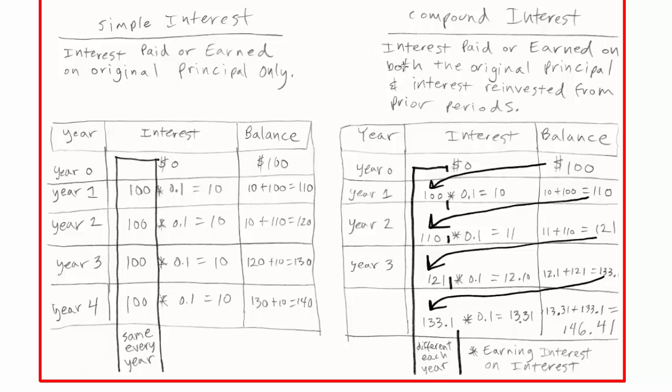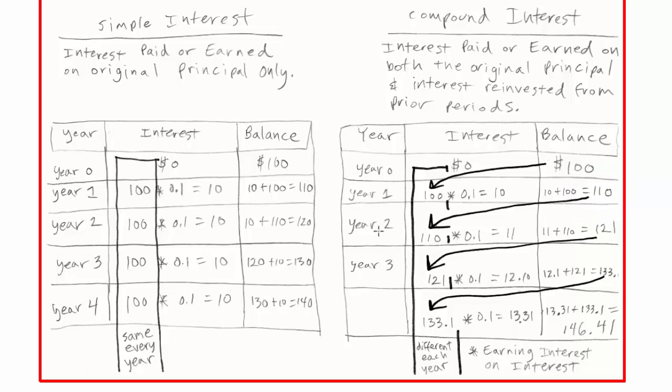But now let's look at compound interest. Well, in year 0, that's when we take out the loan, the balance is 100 bucks. So guess what? When we go to calculate the interest for year 1, we take the prior balance of 100 bucks. Hey, 100 times annual rate of 10%, that's 10 bucks. So look at that. We add the 10 in, and that means the balance after 1 year means we owe $110.